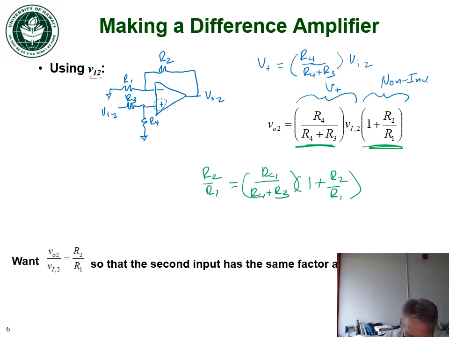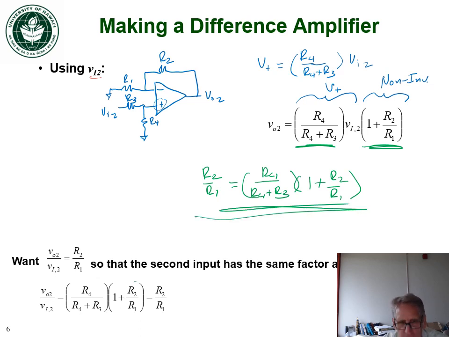Well, we want V out 2 over VI2, which is equal to R2 over R1, to equal this value. So we want R2 over R1 to equal R4 over R4 plus R3 times 1 plus R2 over R1, as I just described here, so that the magnitude of the gains are equal, even though we're going to have opposite signs, which is going to give us a difference.